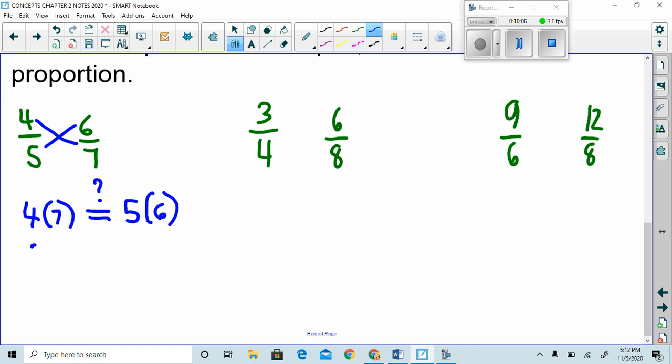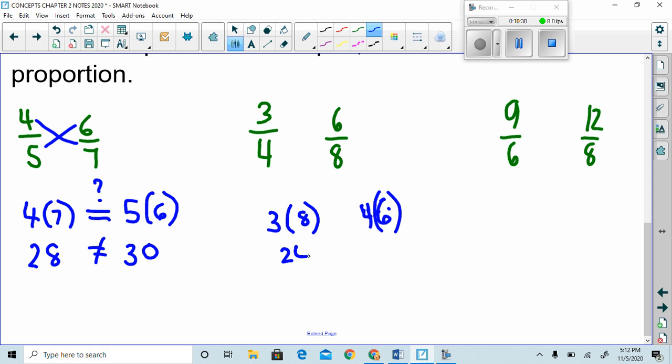Well, this gives me 28, and this side gives me 30. These are not equal, so this is not a proportion. Cross multiply. We're going to take the extremes, 3 times 8 and 4 times 6. Well, 3 times 8 is 24, and 4 times 6 is 24. These form a proportion. This is true.